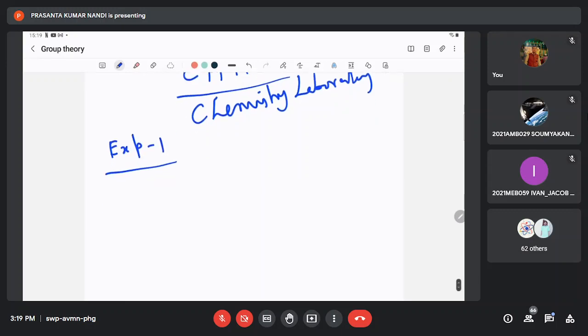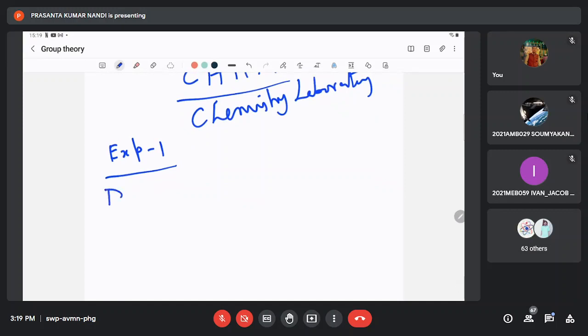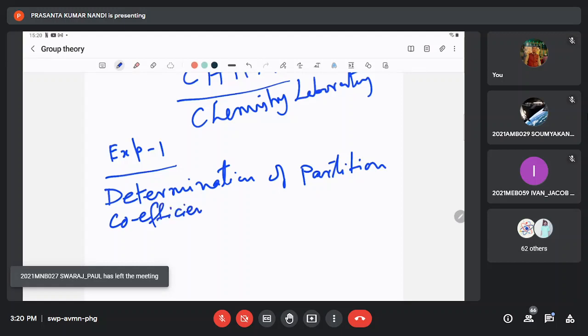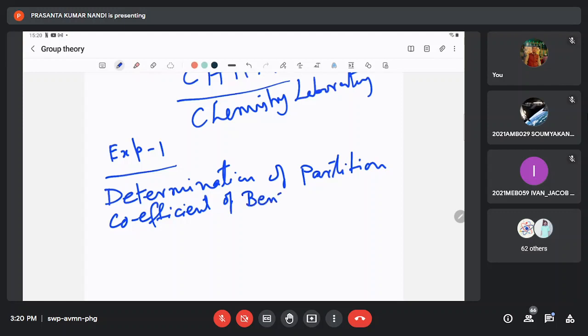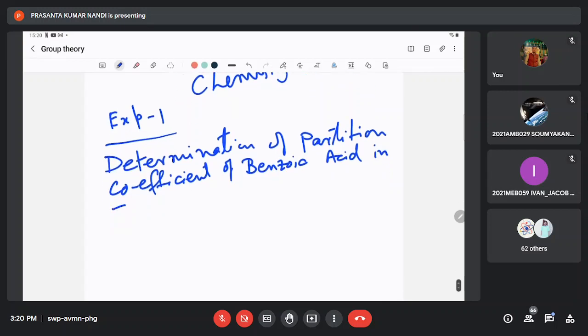Experiment one, you write down the title: Determination of partition coefficient of benzoic acid in toluene and water. Toluene is another solvent.